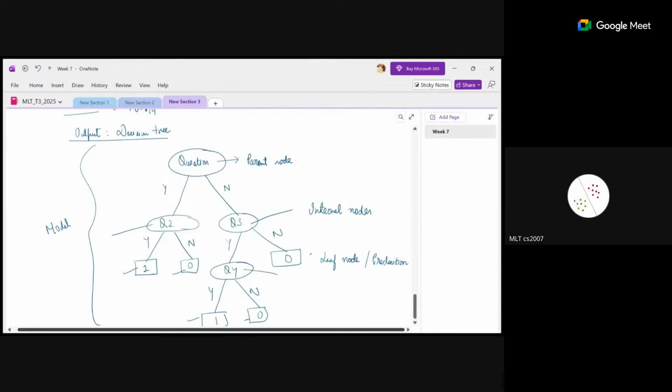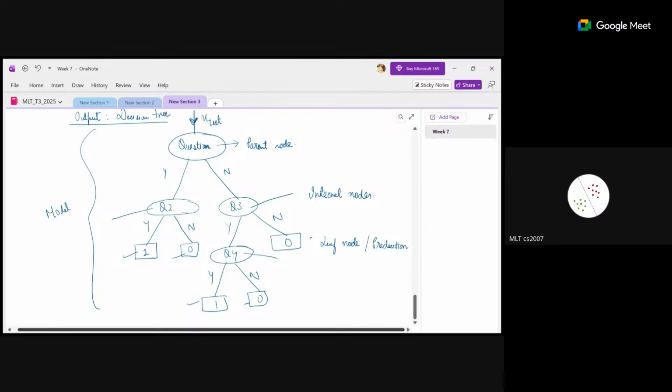If I am given this model, and I have to predict what label this X test would have, what I'm going to do is put this X test into this decision tree, and just traverse through all the nodes, asking all the possible questions based on this decision tree, and whatever prediction you get, that is the answer.